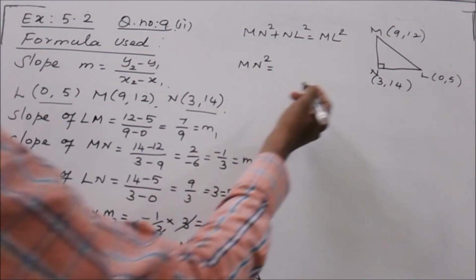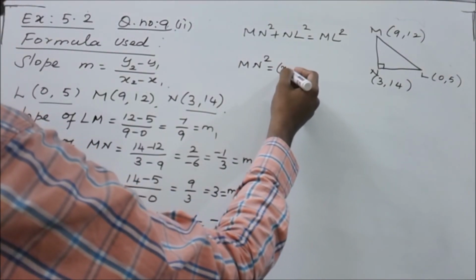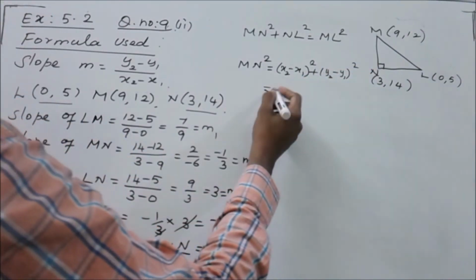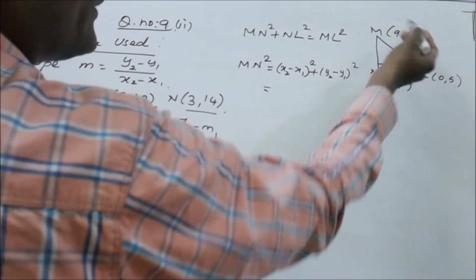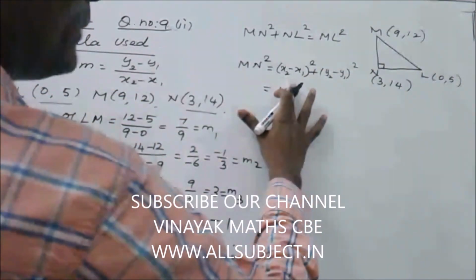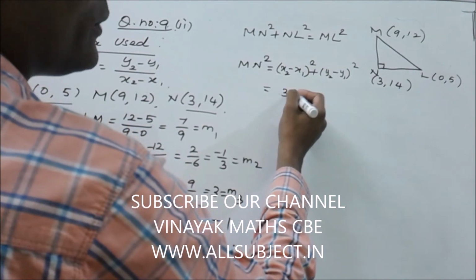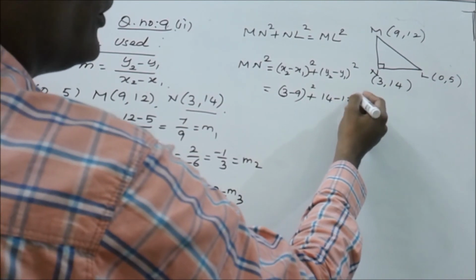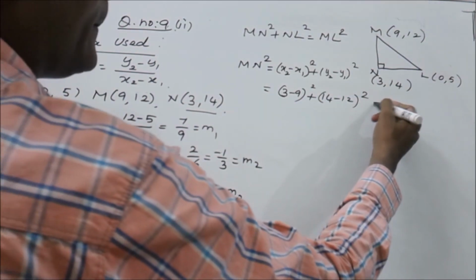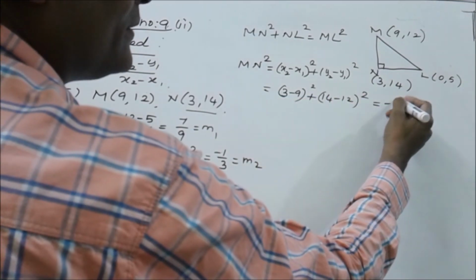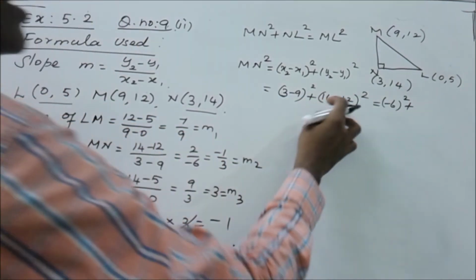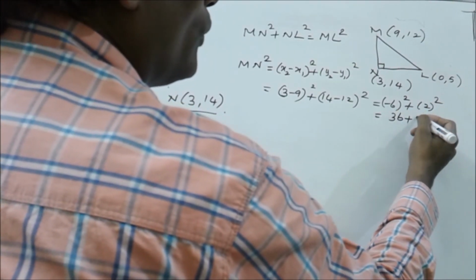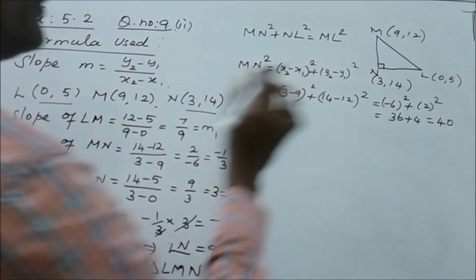MN square equals (x2 minus x1) whole square plus (y2 minus y1) whole square. Take M and N: (3 minus 9) whole square plus (14 minus 12) whole square, which equals (-6) square plus 2 square, which will be equal to 36 plus 4 equals 40. So MN square equals 40.